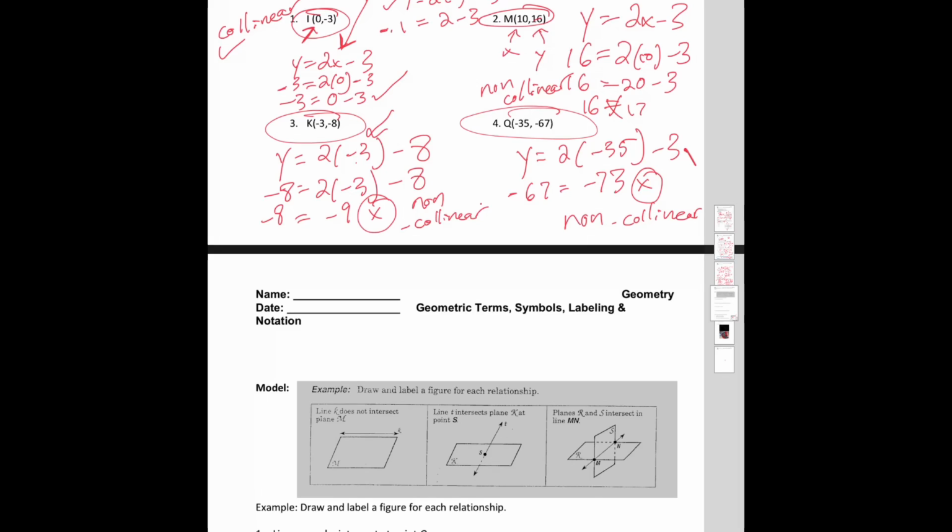And we see when we follow through with our work that it does not work here. -8 does not equal -9, so these points are not on this line. Same thing goes for number 4. We plugged in -35 for x, -67 for y, and we see that that does not work out either for both sides of the equation. They're not equal, so they are non-collinear.